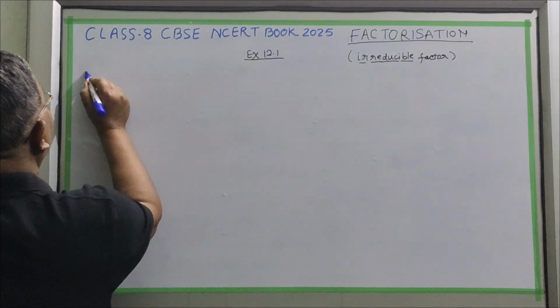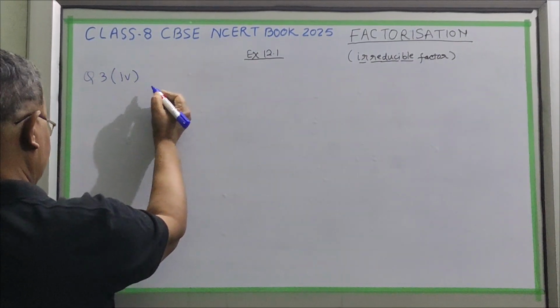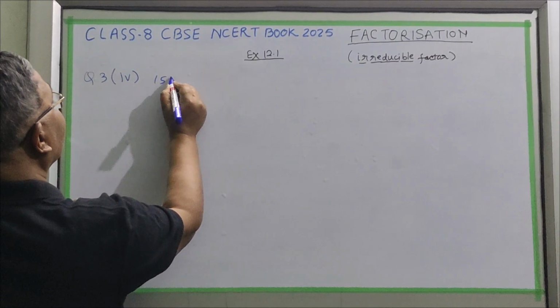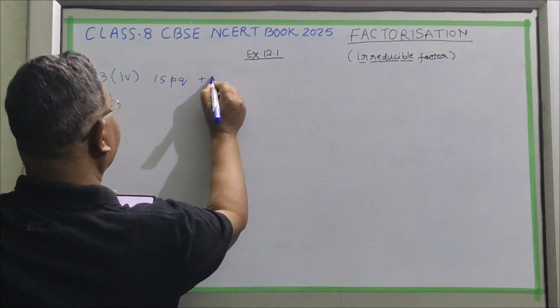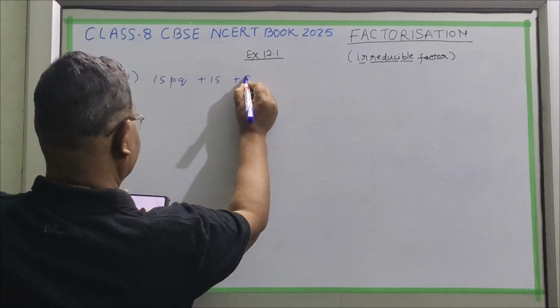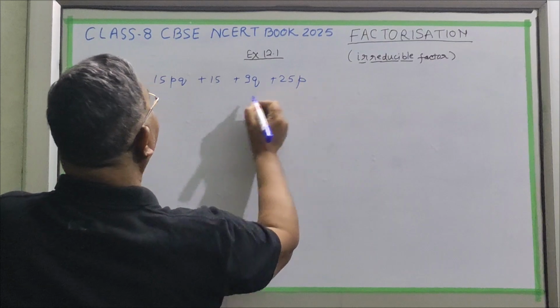Now question number 3, sub 4. 15PQ plus 15 plus 9Q plus 25P.